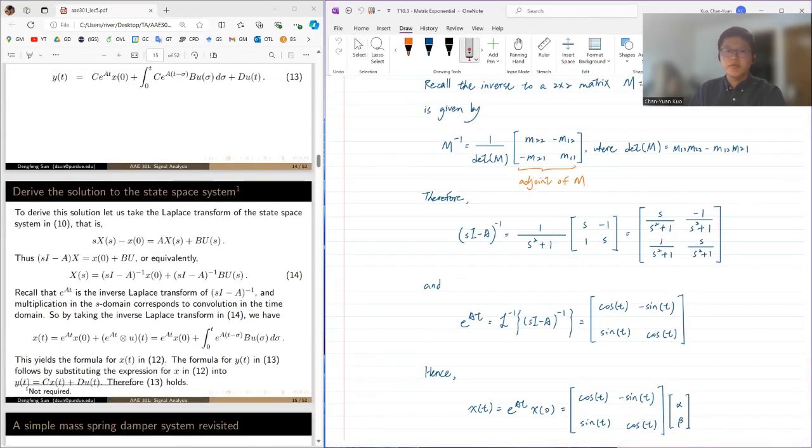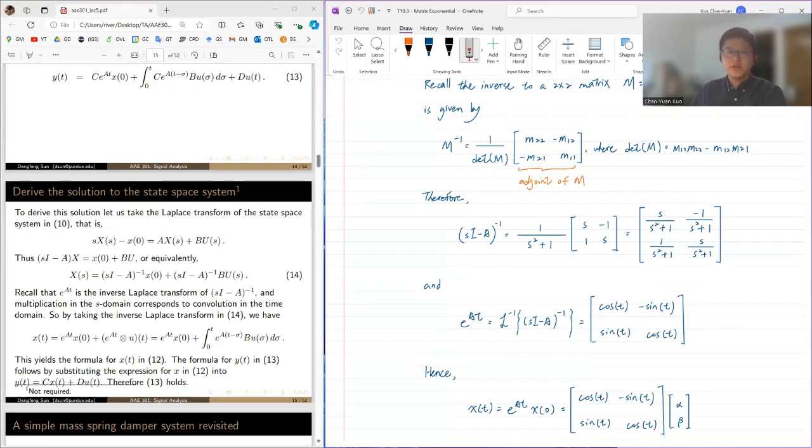Next, recall that for any 2 by 2 matrix M, its inverse is computed as 1 over the determinant of M times the adjoint of M. Therefore, the inverse of sI minus A can be computed as 1 over the determinant of sI minus A times the adjoint of sI minus A, which is equal to the matrix s over s squared plus 1, -1 over s squared plus 1, 1 over s squared plus 1, and s over s squared plus 1.